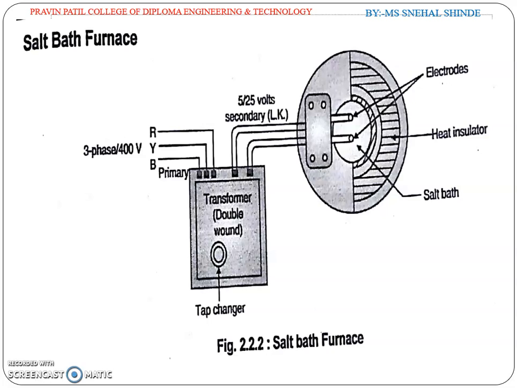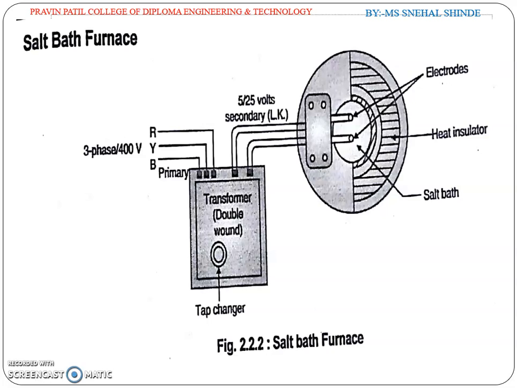Now the circuit is charged with a lower voltage. Electrodynamic force is produced, due to which stirring action occurs, resulting in circulation of molten salt. The up and down movement of the electrodes for effective control is provided by a separate motor.